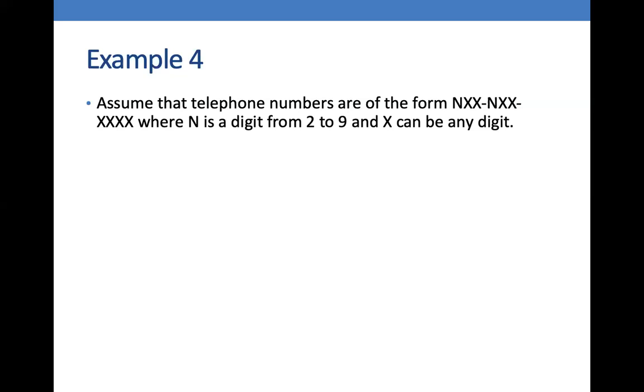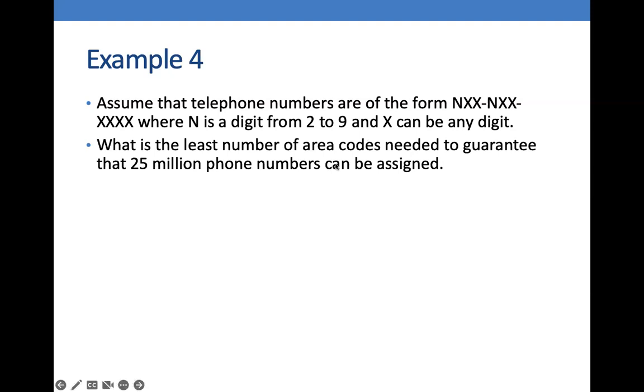Assume that telephone numbers are of the form NXX-NXX-XXXX, where N here is a digit from 2 to 9, and X can be any digit. Okay, so meaning it could be from 0 to 9.